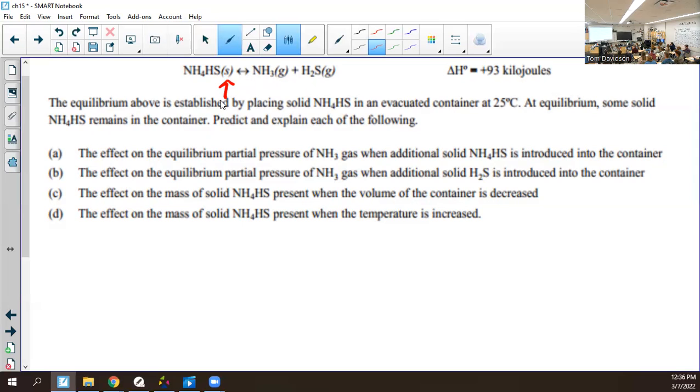In this problem, it won't really matter, but it can. Explain the effect.